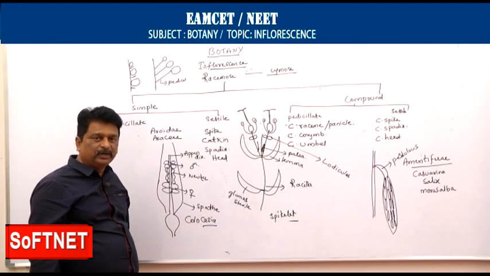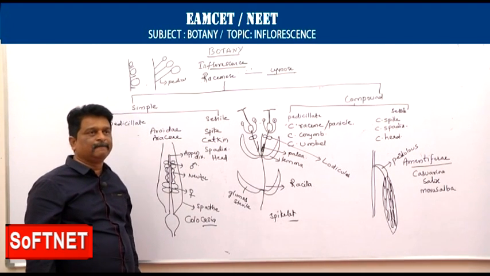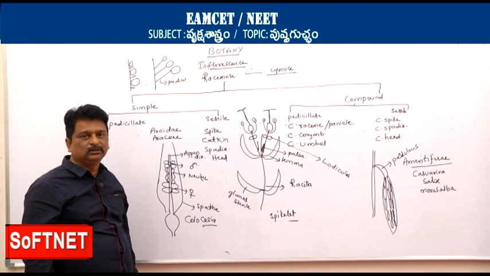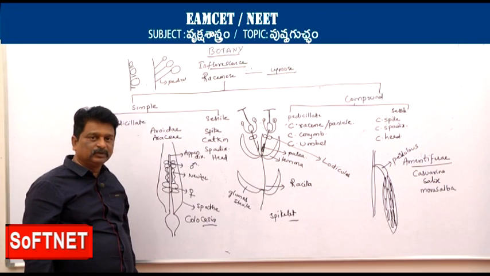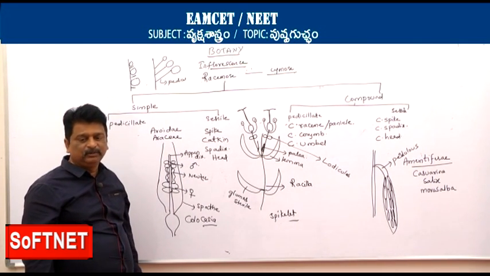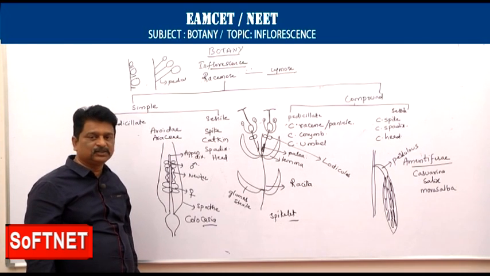Compound spadix includes coconut and musa. But coconut and musa produce only two types of flowers, male and female flowers. Male flowers generally produced at the top, female flowers produced at the base.